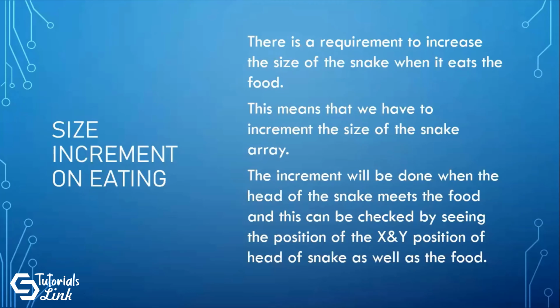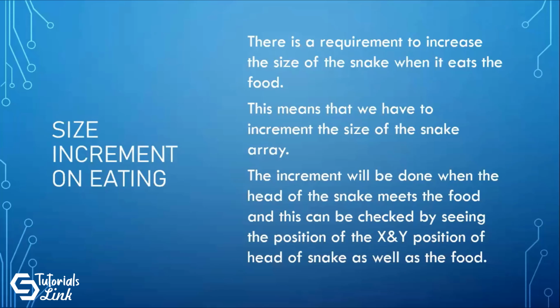The next is size increment on eating. There is a requirement to increase the size of the snake when it eats the food. This means we have to increment the size of the snake array. The increment will be done when the head of the snake meets the food, which can be checked by comparing the X and Y positions of the head of the snake and the food. In a canvas, we can give precise coordinates, right? So when the snake is moving, it is moving through X and Y coordinates.